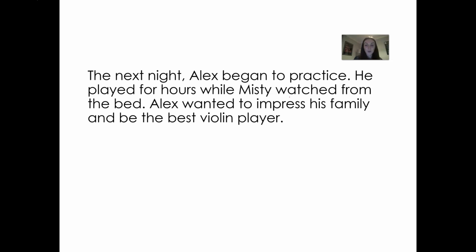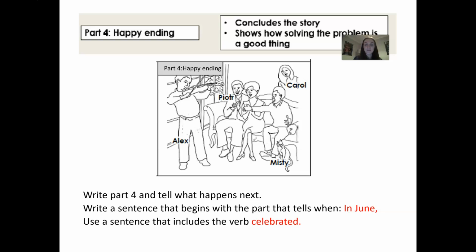Right, let's move on to the final part of our story. Part 4 is a happy ending. This concludes the story, and it shows how solving the problem is a good thing. What's the happy ending to this story? Okay, so Alex has learned to play the violin.